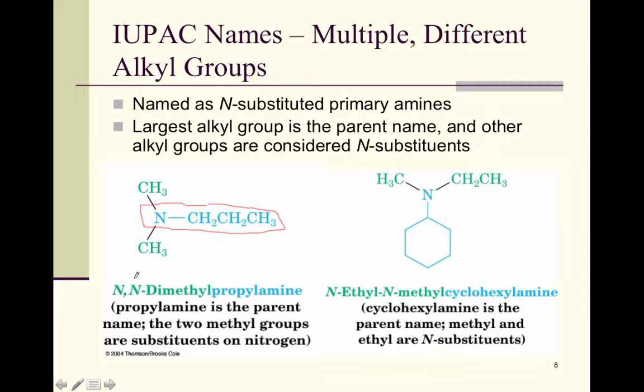If you have more than one N listed, you separate them by a comma, and you separate the address, in this case N, from the name of it by a dash. They're treated just like we did the numbers. Another thing I want to point out is the most amount of N addresses you can ever have on a compound would be 2.